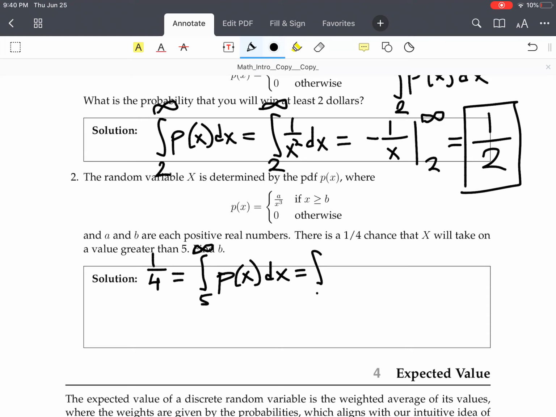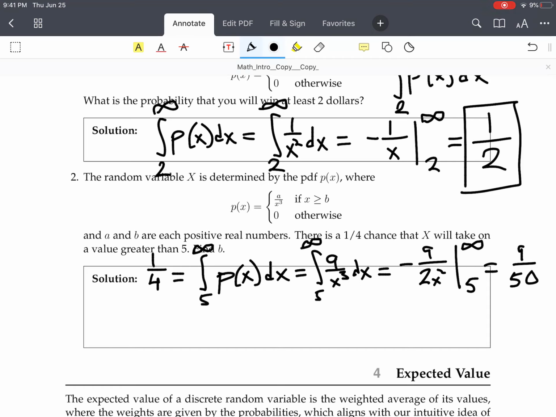So the integral from 5 to infinity of a over x cubed dx, which if we take the antiderivative, which I'm not going to spend time explaining, is still infinity to 5. And so if we plug this in, once again the infinity makes it go to 0, so it's going to be 0 minus negative a over 2 times 25, so 50. So it's going to be a over 50.